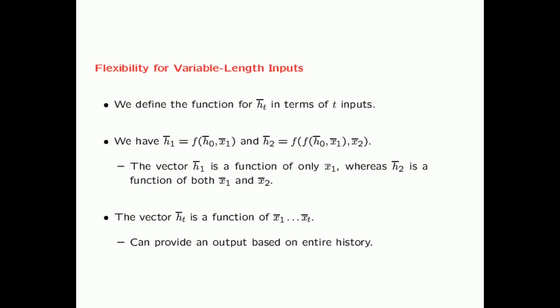Then H2 is a function of the first hidden state and X2, so you can write H2 as a function of X1 and X2. In general, you can write HT as a function of X1 through XT. So the hidden state in each layer is a function of inputs of variable length, depending on which layer it lies in.